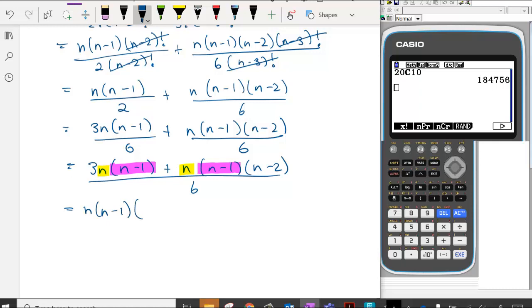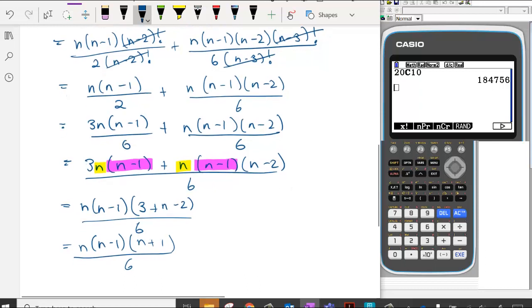And so what we're left with in the first one is simply 3. And in the second one, we have n take 2, and it's all over 6. And so that means we've got n(n take 1)(n plus 1), because 3 take 2 is 1, on 6. And that's our simplification.